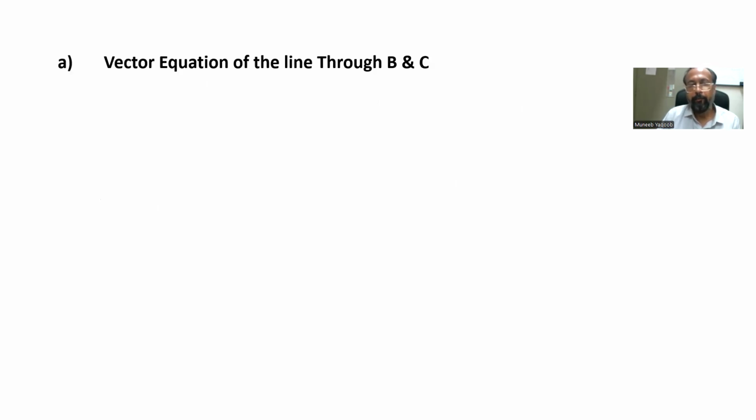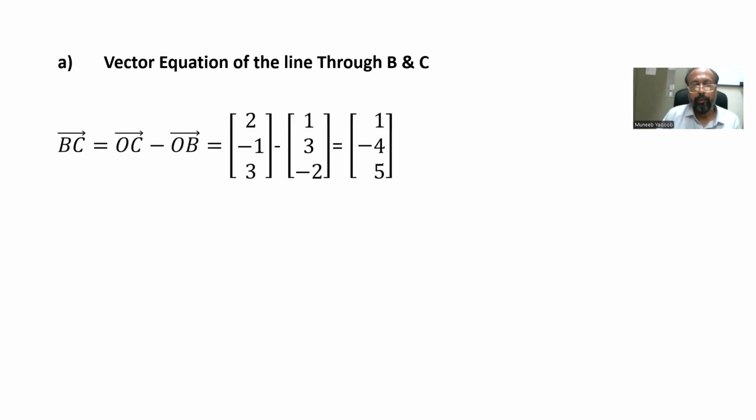So let us start. First of all, we need to calculate the vector equation of a line through B and C. For that purpose, first we will calculate the direction vector BC using the position vector rule: BC equals OC minus OB. Since both OC and OB are given, we easily calculate vector BC.